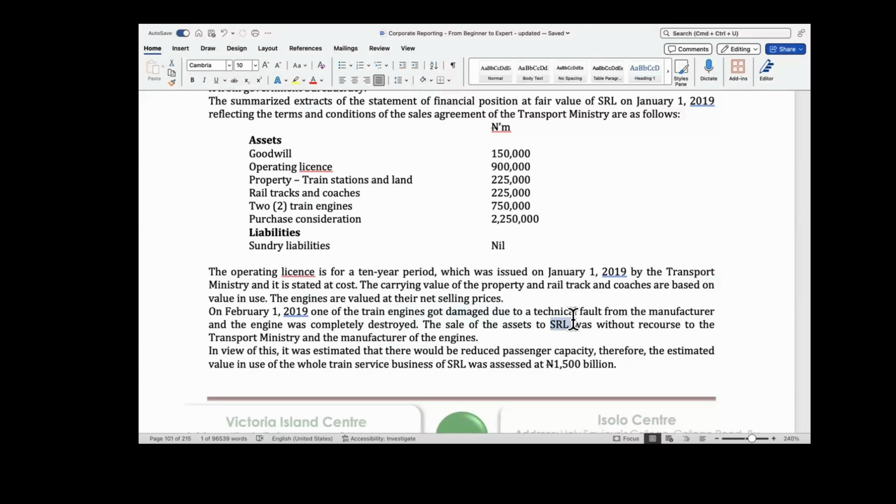In view of this, it was estimated that there would be a reduced passenger capacity. Therefore, the estimated value in use of the old train service was assessed at 1.5. A train that we paid 2.24, or 2.2, is now 1.5. Interesting.